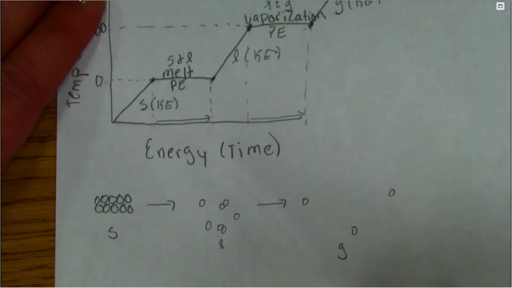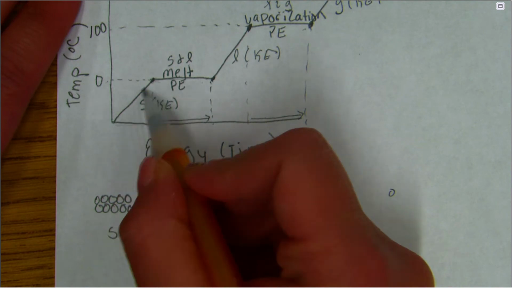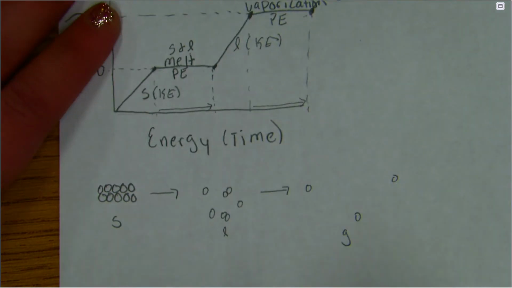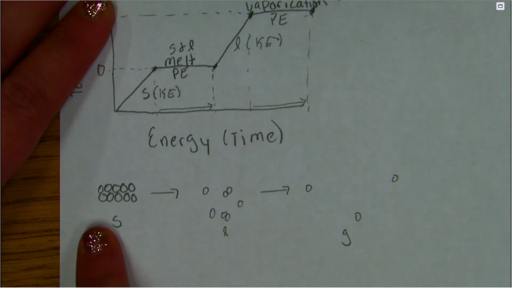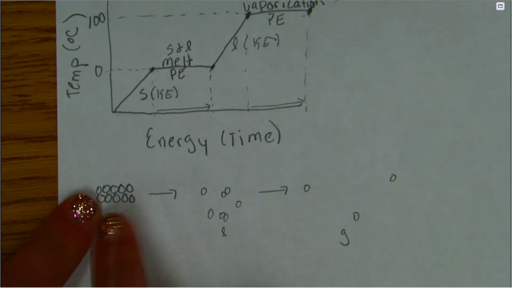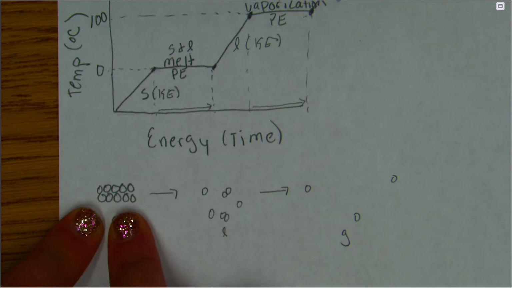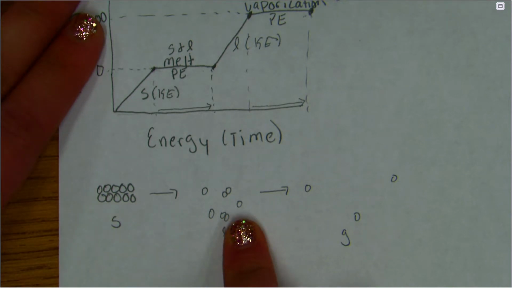So this energy is no longer being used to increase the temperature. It is being used to break the intermolecular forces during this melting process to take my particles from close together to further apart.